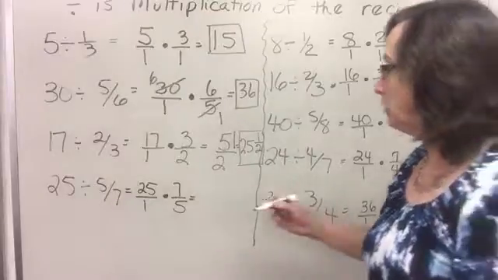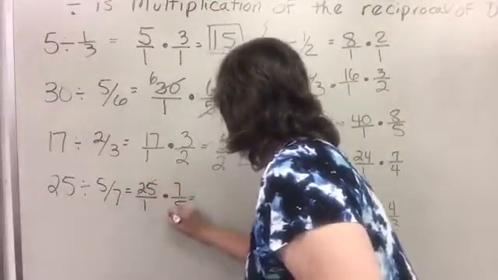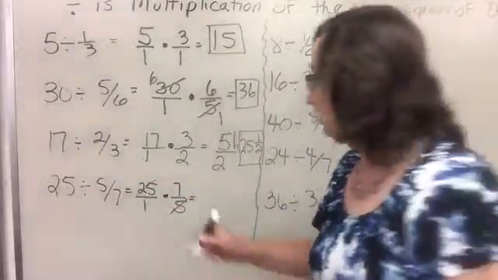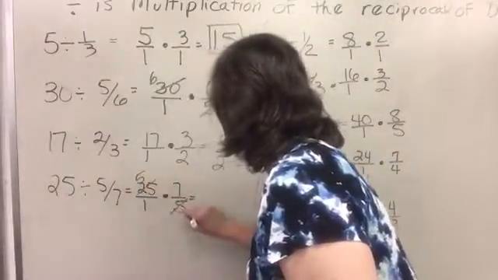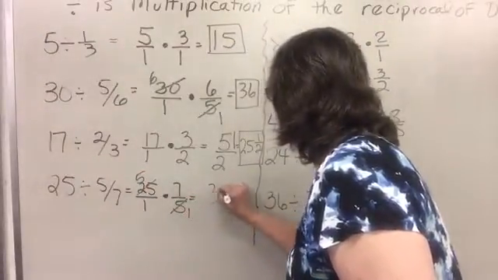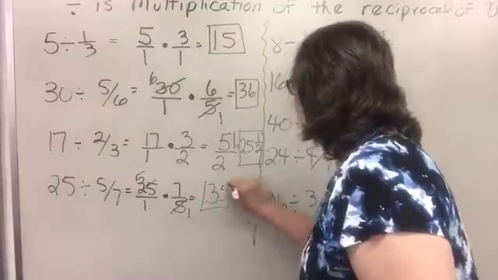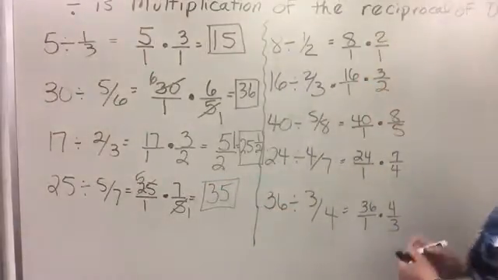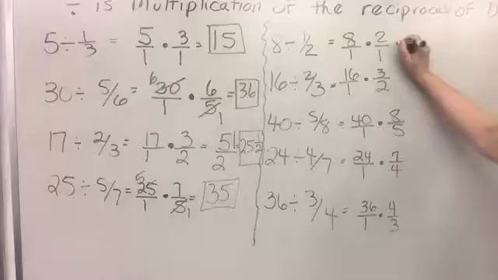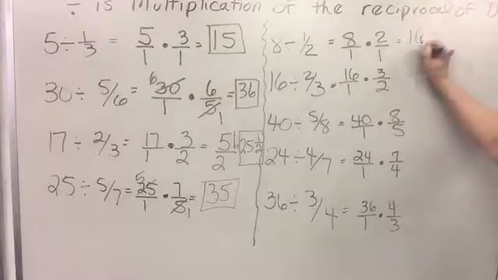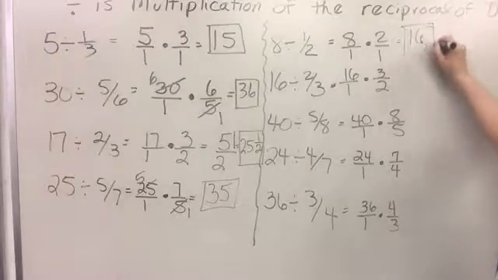Okay, once you do that, you can see that over here, the 25 and the 5 will cancel with a 5 and a 1, and we wind up with 35. Hopefully, you got that one right. Okay, over here, we wind up with a 16 over 1, which is 16.